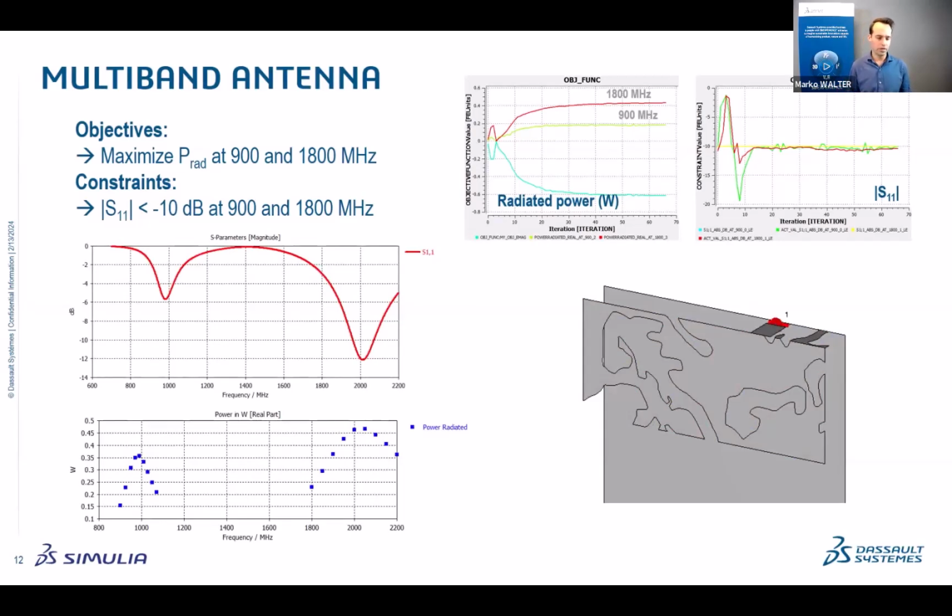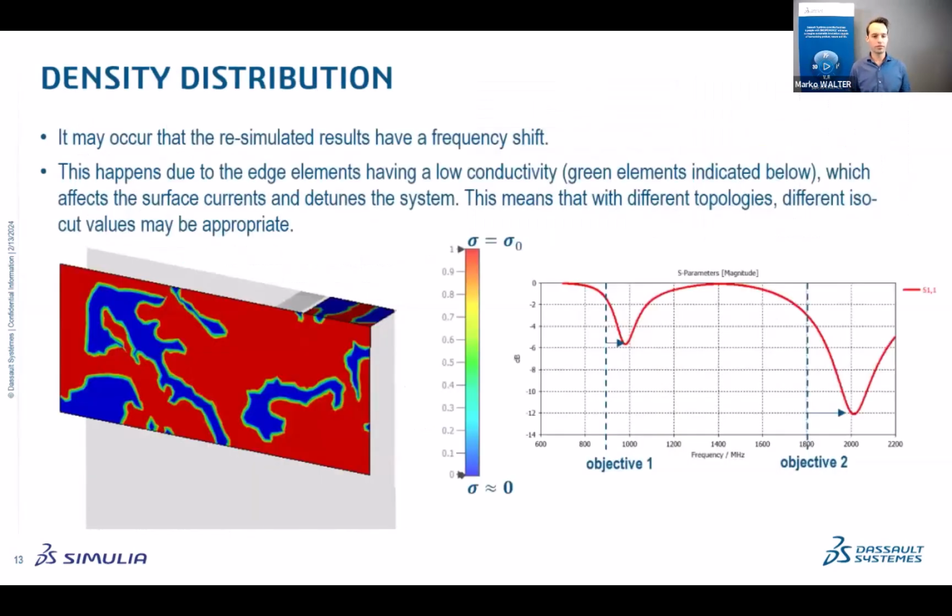You can see then on the left-hand side also the input match and the radiated power at the bottom. So not too bad, but it is shifted. If you've noticed, the objectives were at 900 and 1800, so it's slightly shifted.